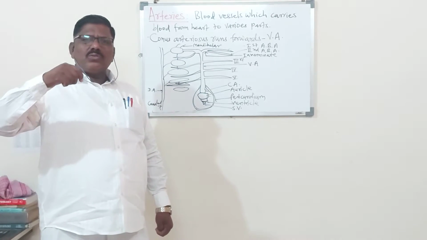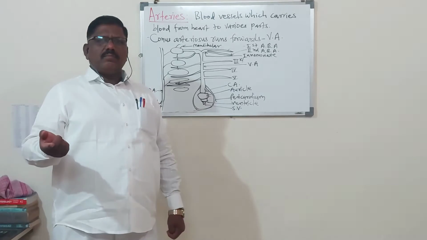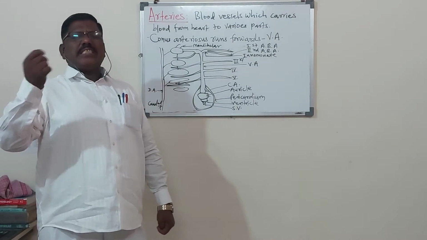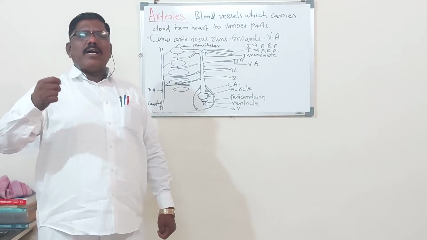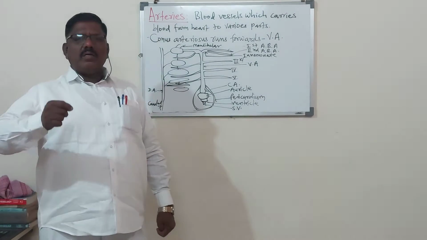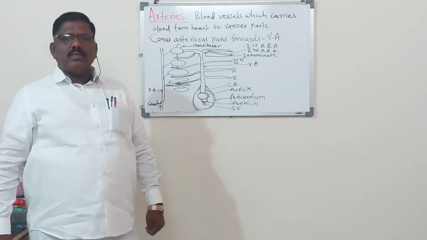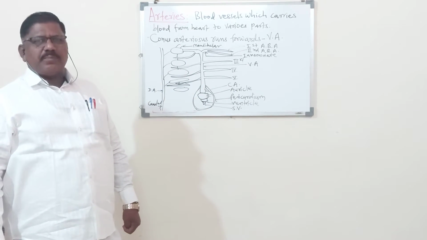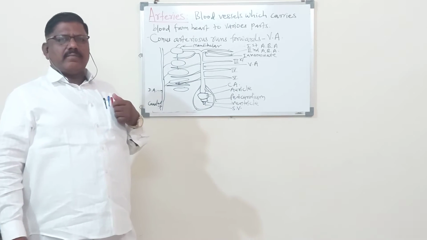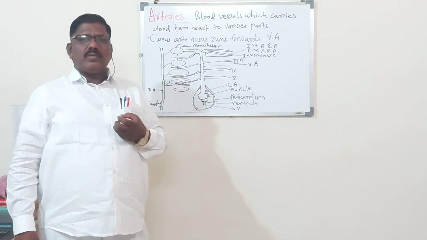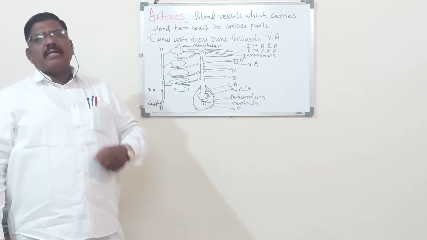Cell throwing outside, we can say the excretion of cell, the waste material or unwanted material, toxic material from cell goes to the impure blood, venous blood. And veins collect that impure blood to the respiratory organ.